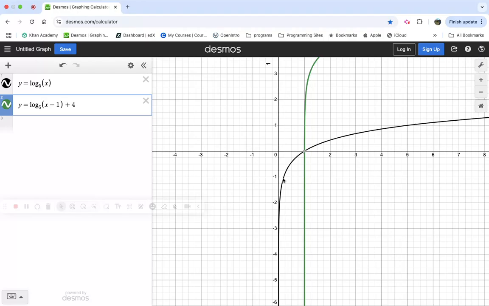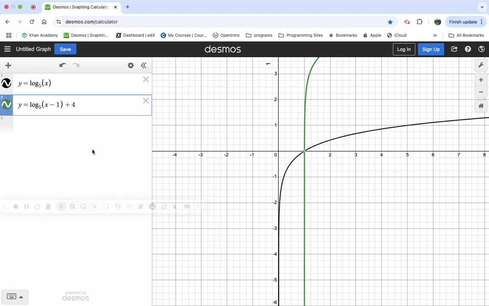Because it was 0, but the whole thing got shifted over 1. So now we have an asymptote at 1. So the domain, therefore, is all x's such that x is greater than 1. So it can't be 1. Why can't it be 1? Because if you make it 1, you're going to take the log of a 0, and that just doesn't work.